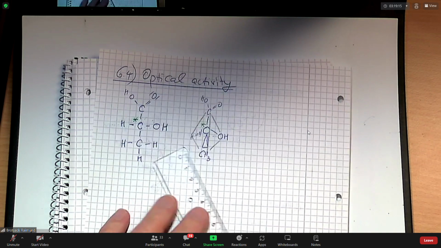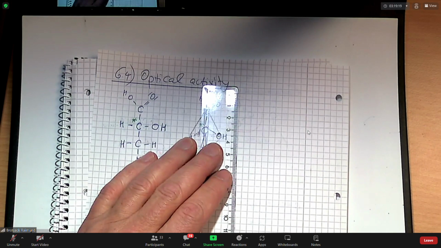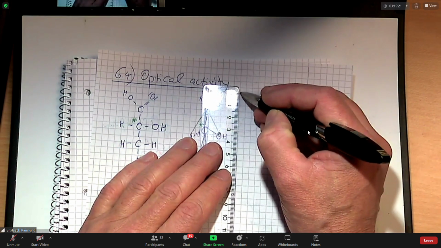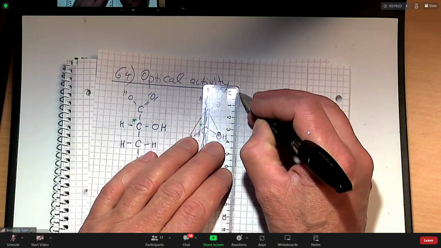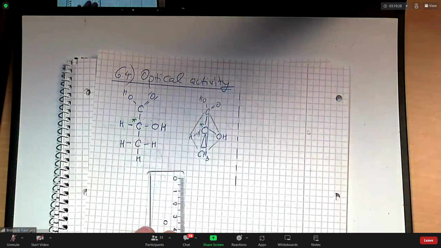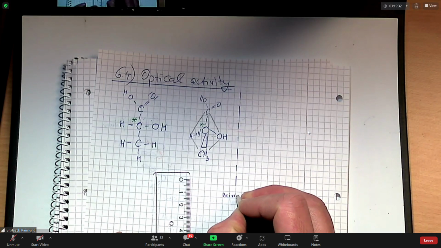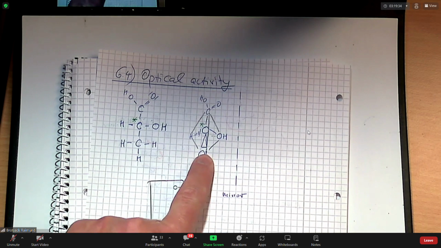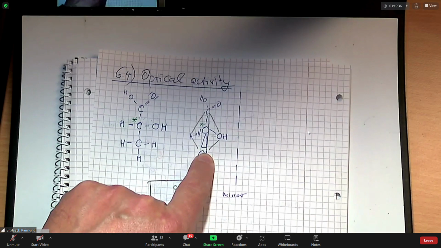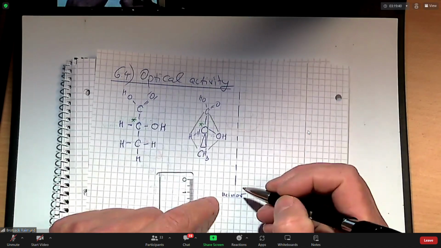And now I try to draw the figure of the mirror. I say, okay, here, that is my mirror. That is the plane of the mirror. And now I draw this one exactly like it would look when I look into the mirror.